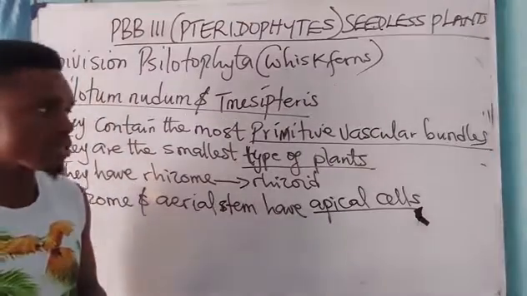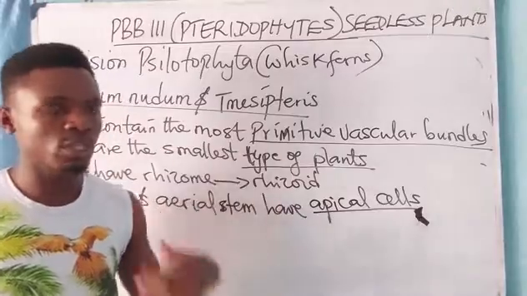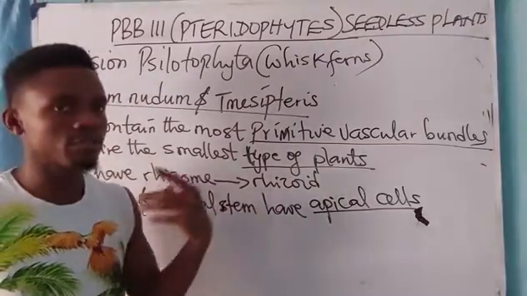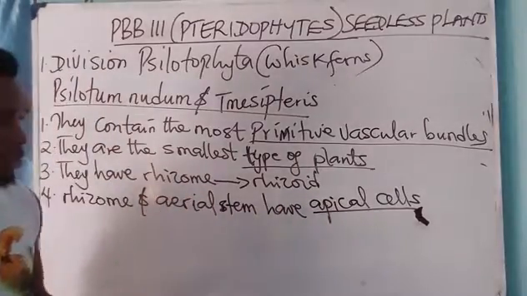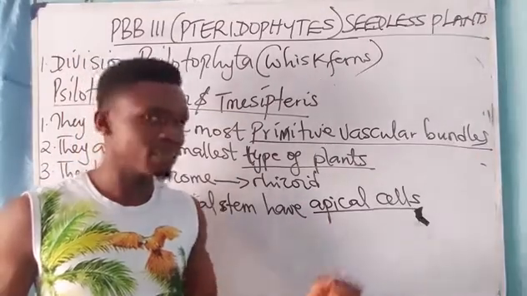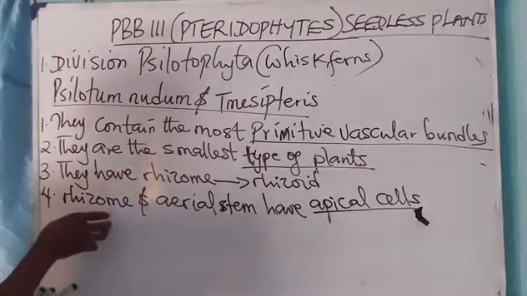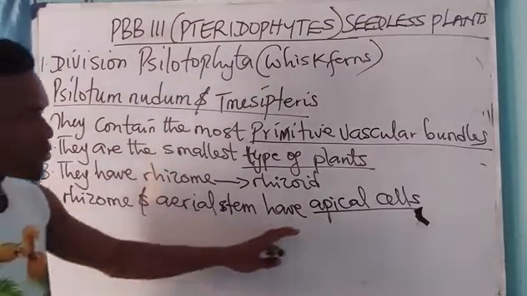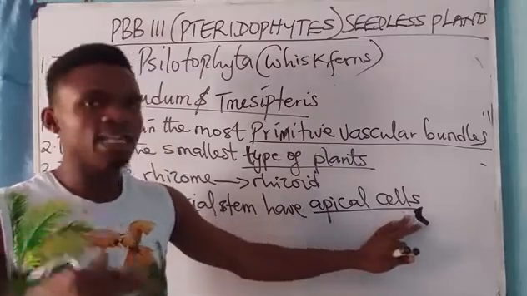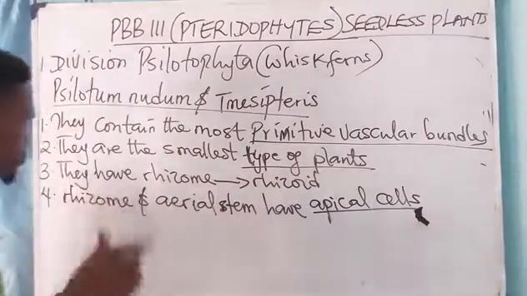Meristematic cells are cells that have the ability to undergo cell division, and their tissues are undifferentiated. They have a distinct nucleus, a dense cytoplasm and large vacuole. So please, the rhizome and the aerial stem have apical cells that divide continuously, acting as meristematic cells. Take note of that.